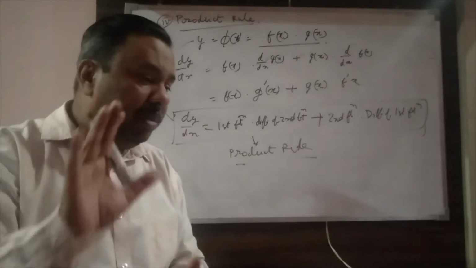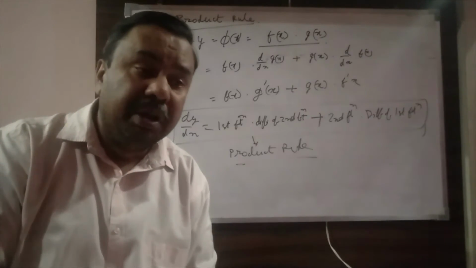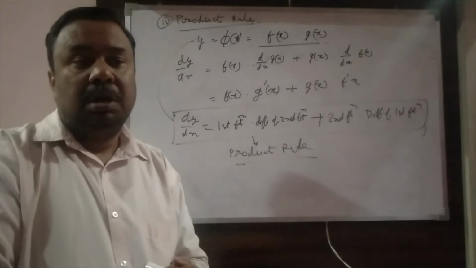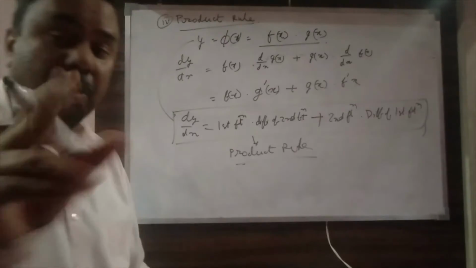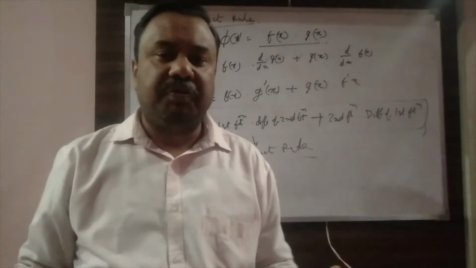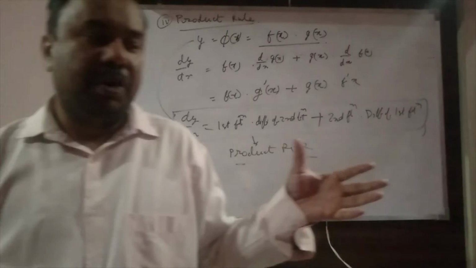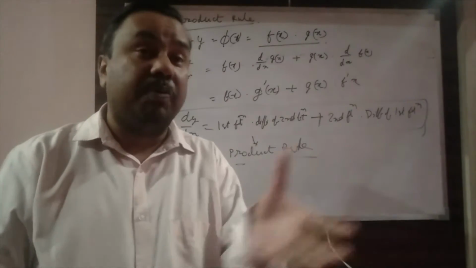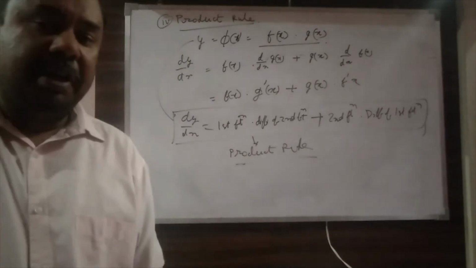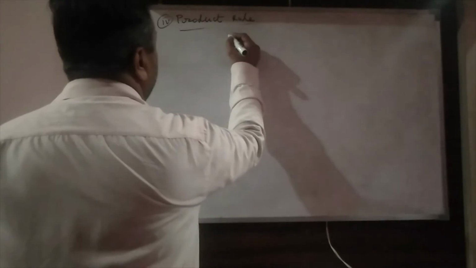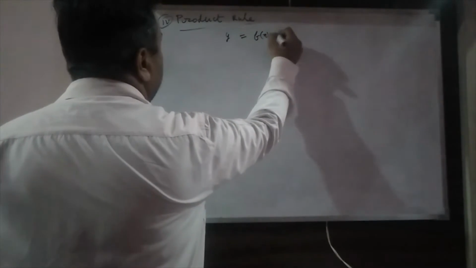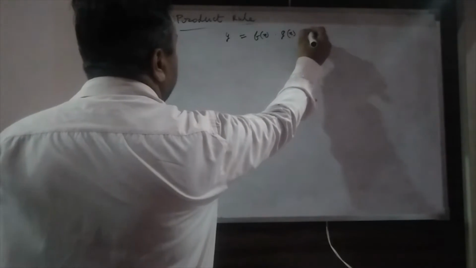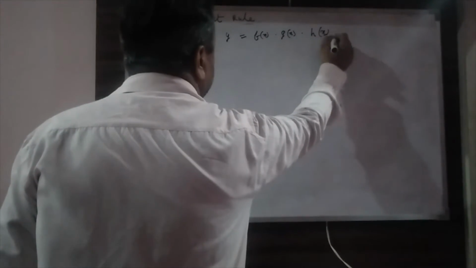So this is what you will be getting, the differential coefficient of a product of two functions. But the problem is, what will happen if you get a product of three functions? Let me explain that also, so that it can be generalized for a function that is a product of three or more functions. So now I will take another example where y is equal to f(x) multiplied by g(x) multiplied by h(x).